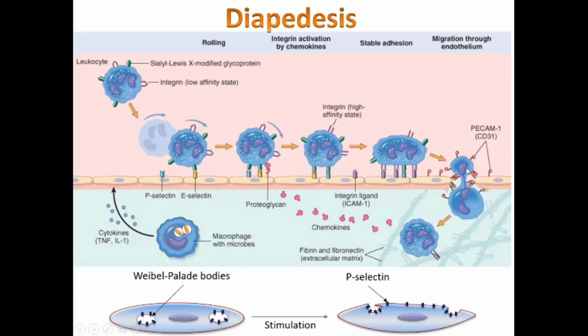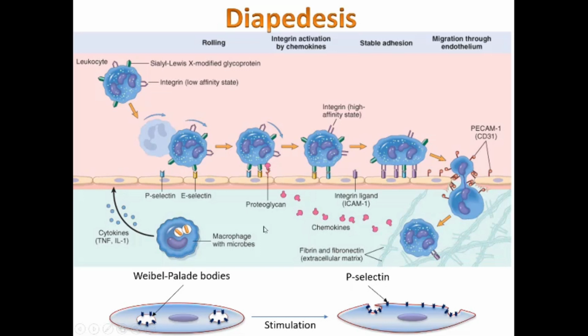After that, they make some extension to the outside of the blood vasculature and migrate outside and head to the site of inflammation to kill and protect our body against any invaders. This process is called diapedesis. Diapedesis means jumping through the blood vessel wall.